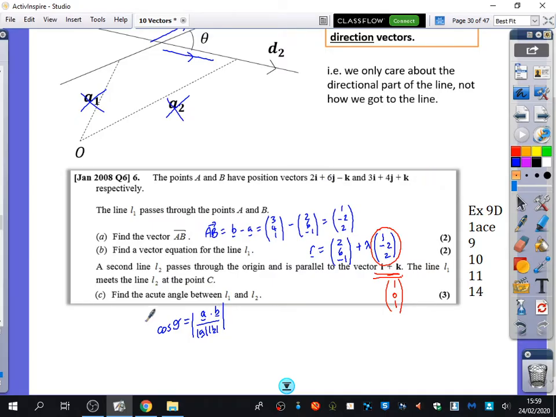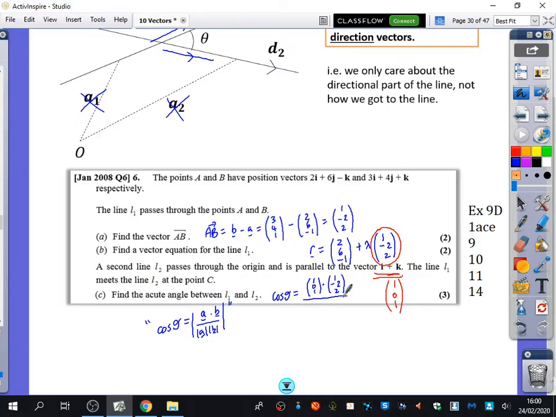This is, if I put these inverted commas around it, just saying this is the formula. Now we're actually just going to do it with our values. So we get that cos theta is equal to, well, let's dot these two things together on the top. We've got 1, 0, 1 dotted with 1, minus 2, 2. Doesn't even look like I need to take the modulus there, does it? I'm not going to have a negative value for this.